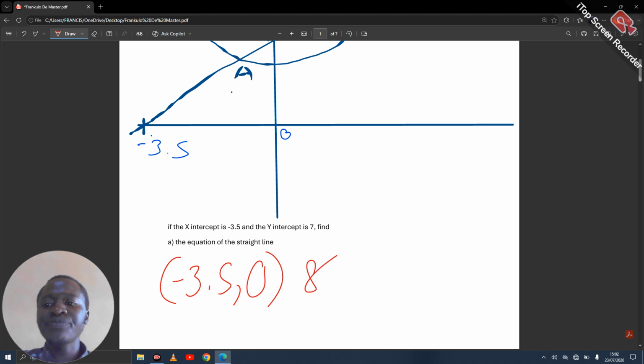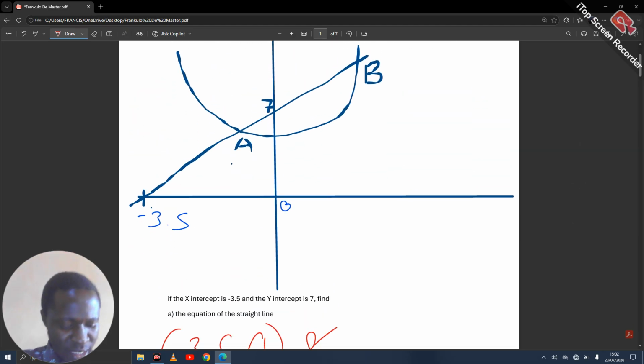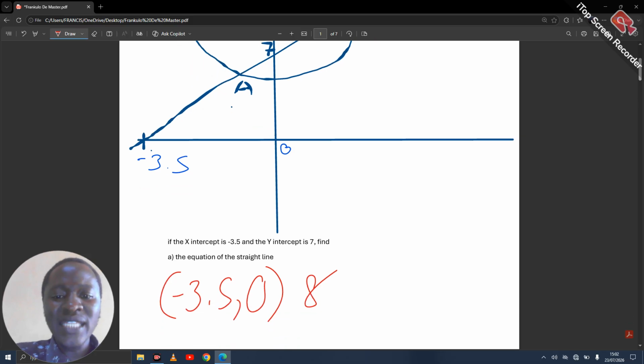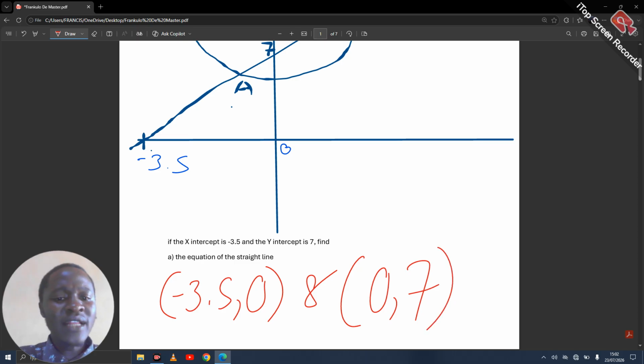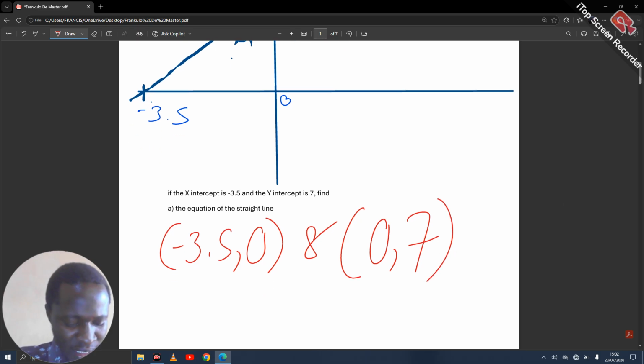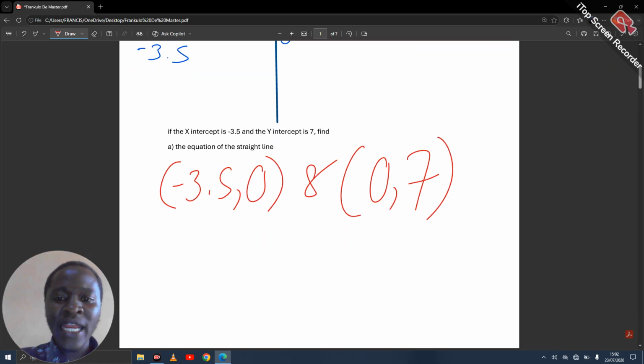And what will be the y-intercept? The y-intercept will be 0, 7. Having this is enough for us now to get the equation of the line.